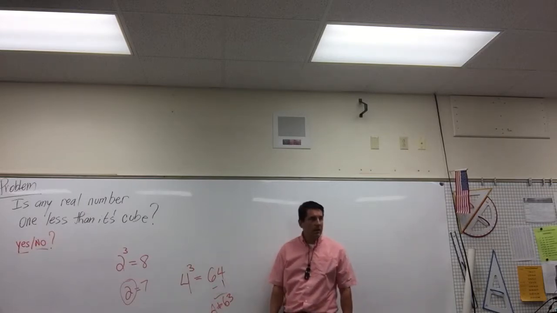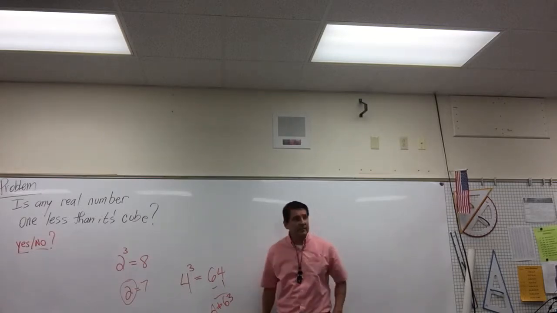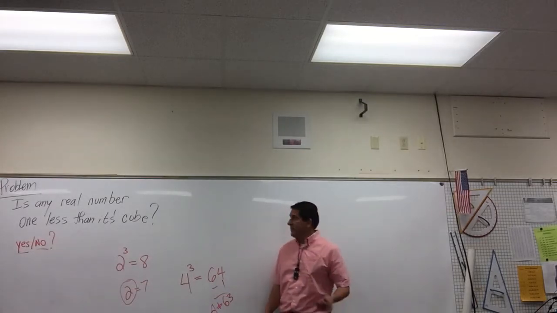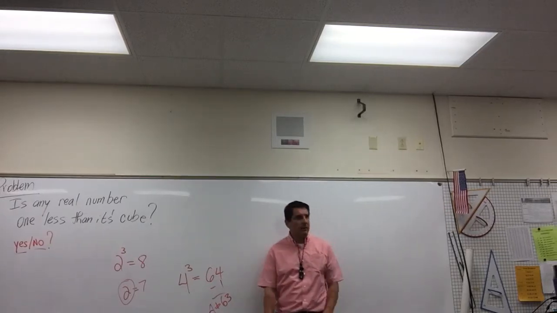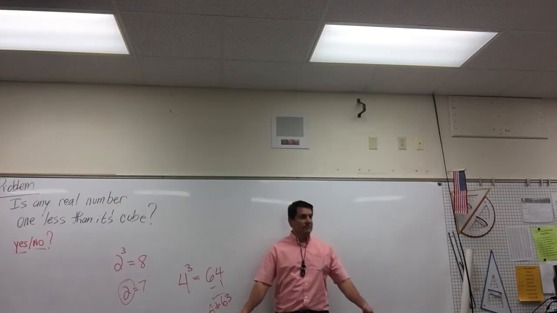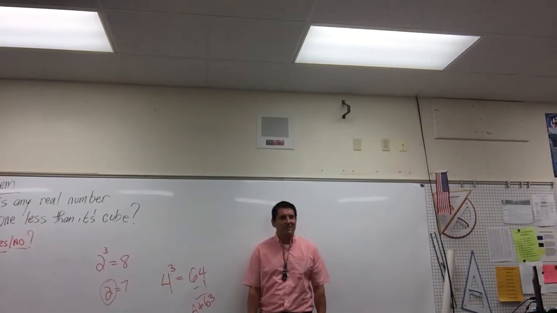That doesn't work, and it gets worse as you go higher. So does there exist a number such that if you cube it and subtract 1, it's the same as the number you started with? Well, I wonder if we can use the intermediate value theorem to prove it.